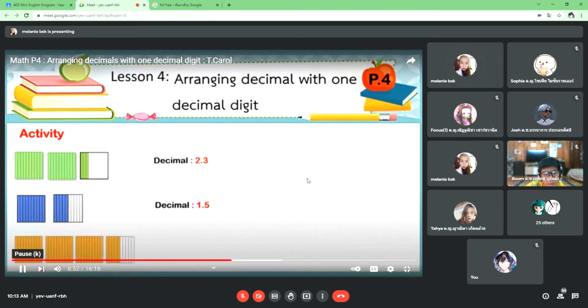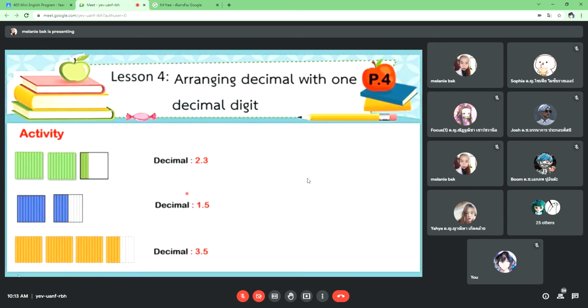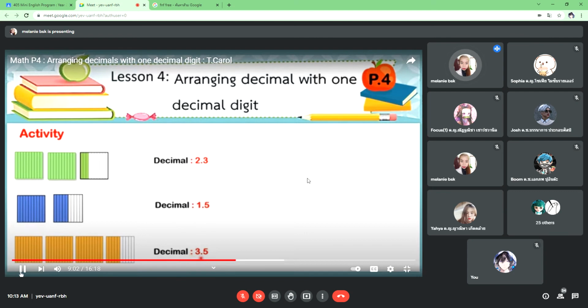And the third one is 1, 2, 3. So it's 3.5. If you are going to arrange these numbers in ascending order, how are you going to do it?